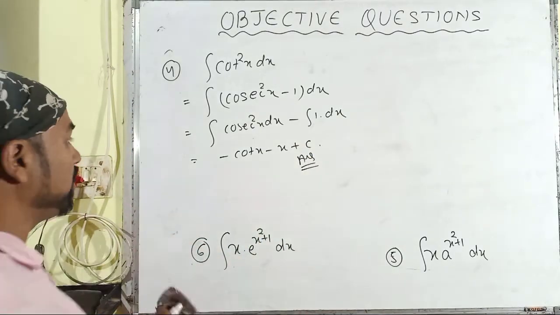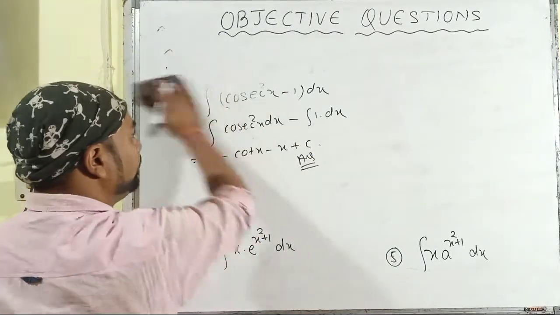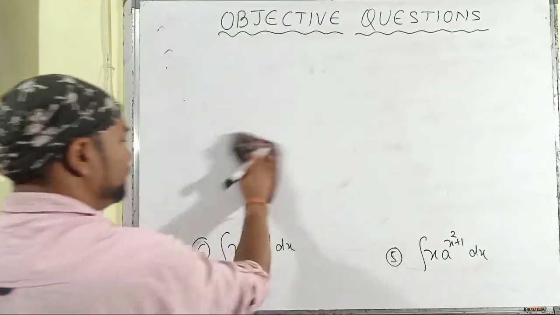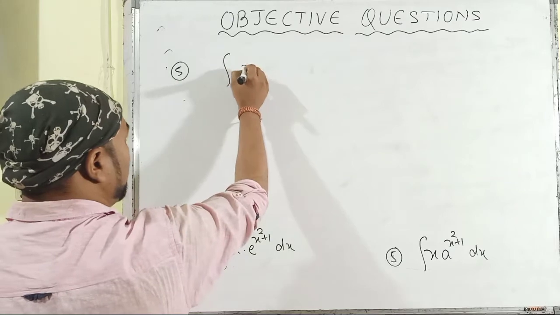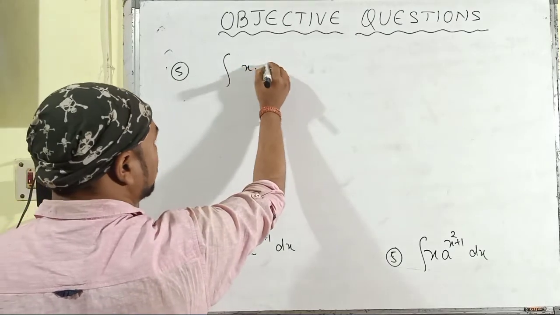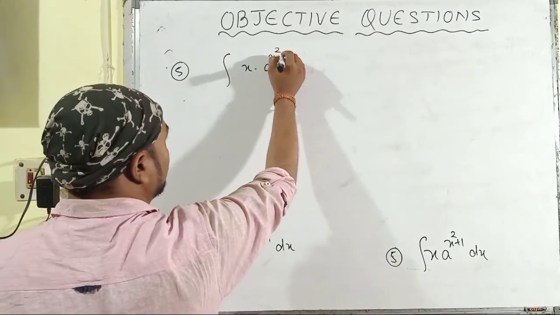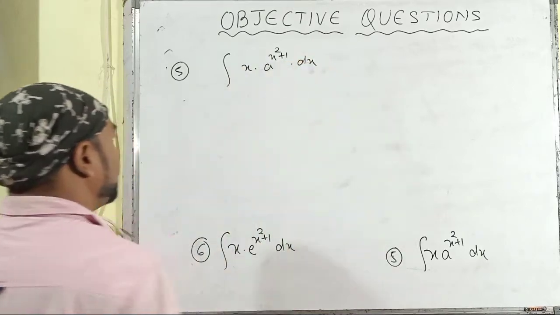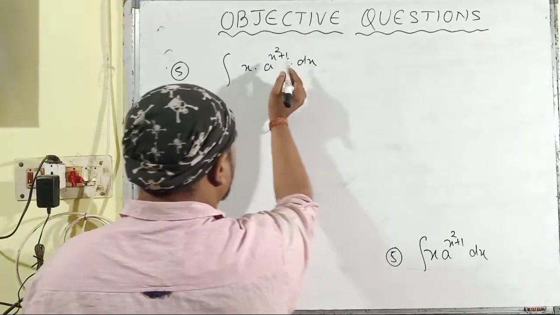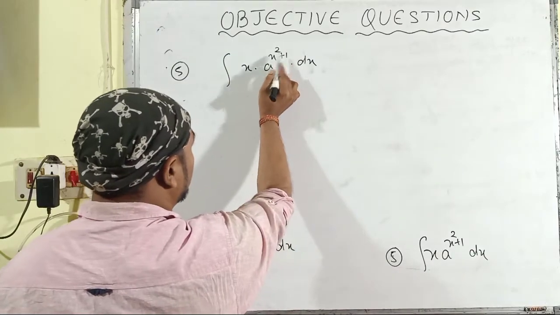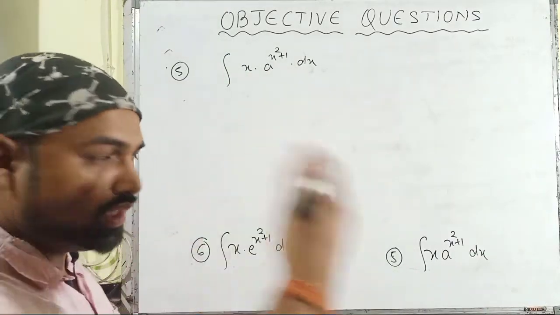Then the fifth question is here. We have to integrate x multiplied with a to the power x square plus 1. As all of you know, this is in such a form that the derivative of x square plus 1 is present here, in another form.